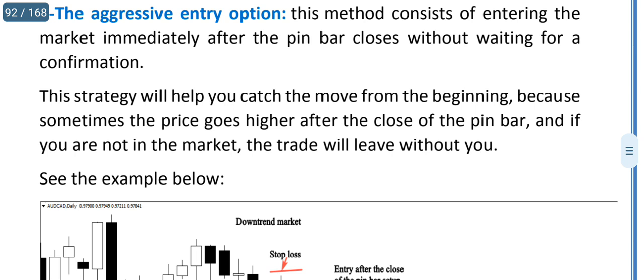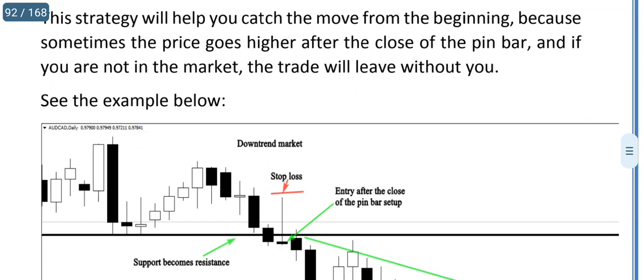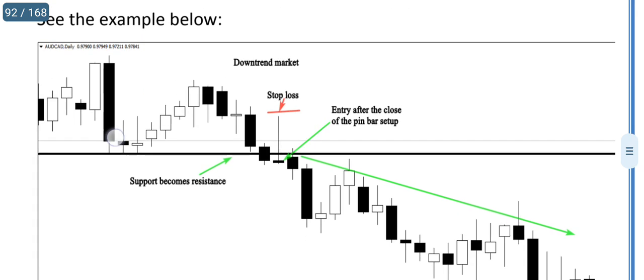This strategy will help you catch the move from the beginning, because sometimes the prices go higher after the close of the penny bars. And if you are not in the market, automatically the trade will leave you out, or the trade will leave without you.